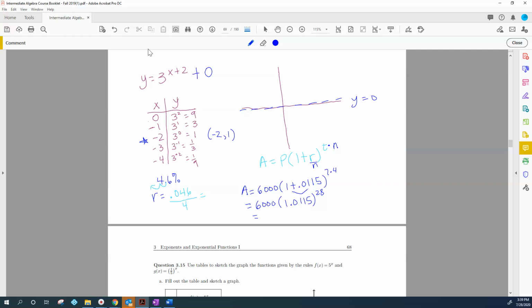And then you always want to make sure that you're rounding your answer to the nearest penny unless it tells you otherwise. So when I get my answer, I get like 8,264.110002. Is that what you guys came up with?